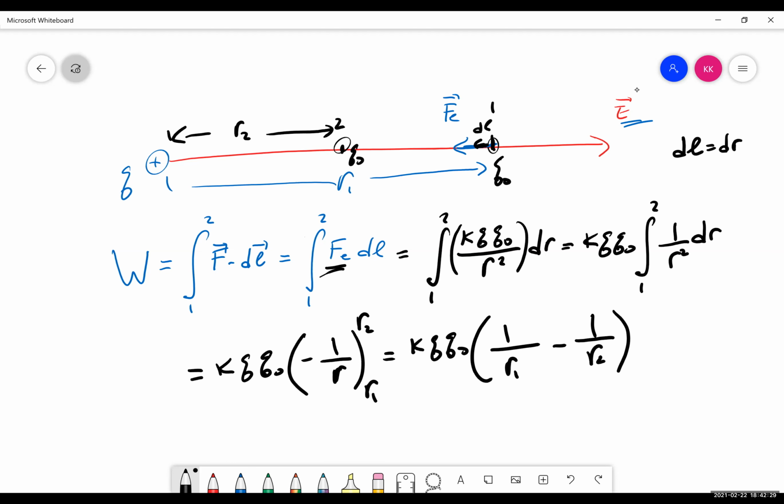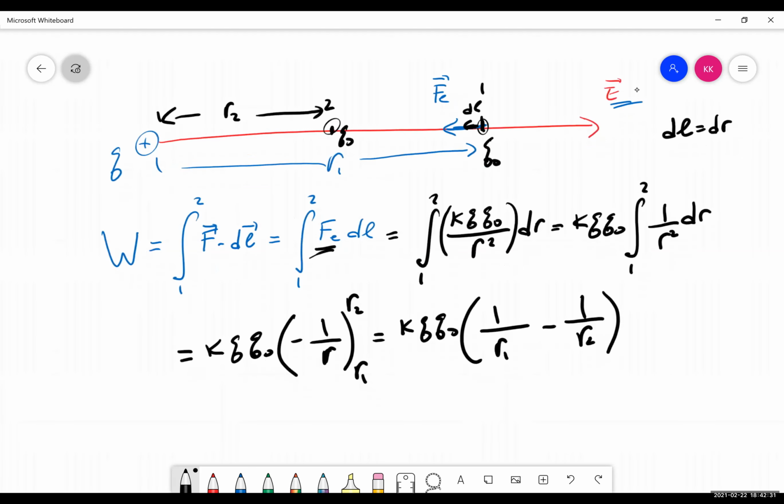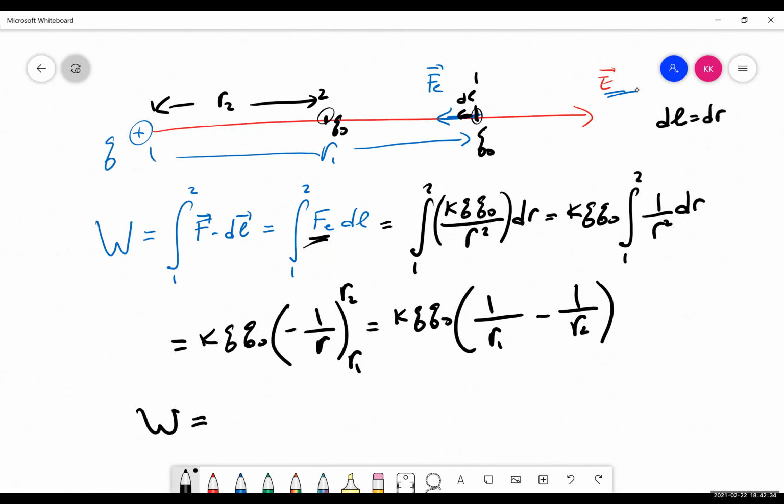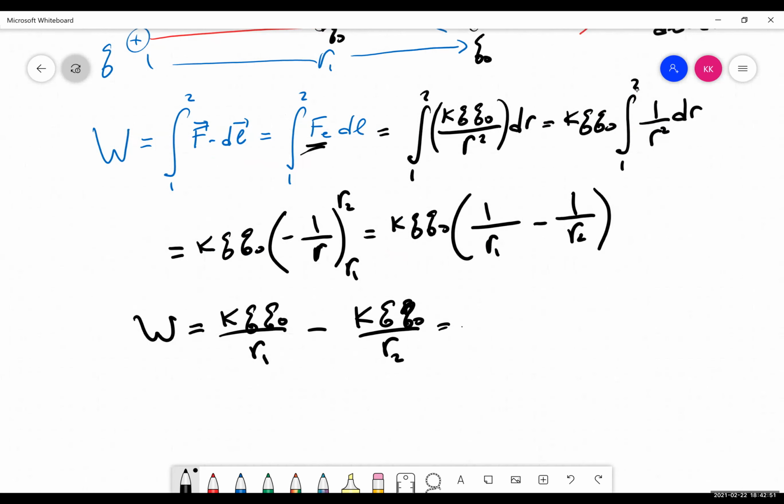Again, let's see what we have. Work done is equal to k q naught over r1 minus k q naught over r2. If I remove the negative sign, it will be like this: negative, k q naught over r2 minus k q naught over r1.